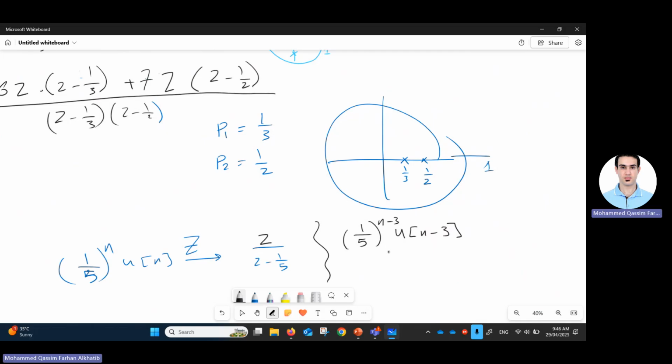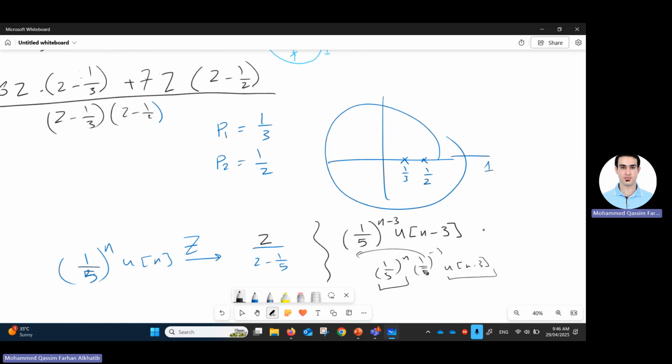Let's keep it simple, then we'll go to the complicated one later. There are two ways to do it. You can say this is equal to 1 over 5 to the power n times 1 over 5 to the power negative 3 times u of n minus 3. So take this one as a constant outside, then you have this one and that one, take it to the summation, do the tables, etc.